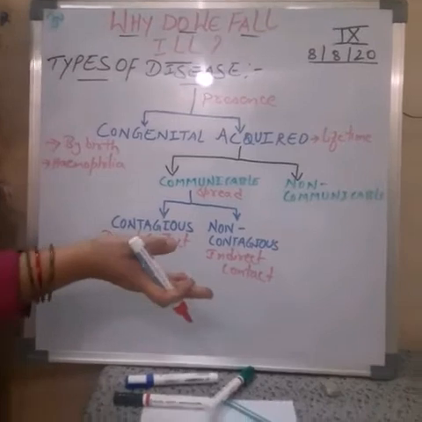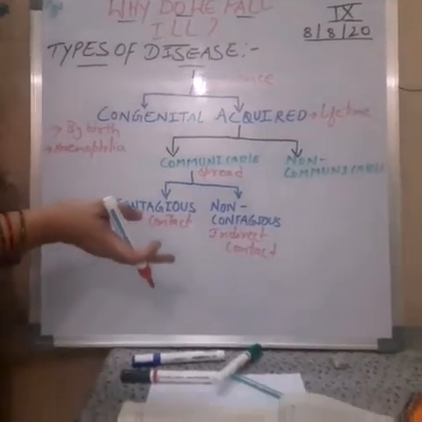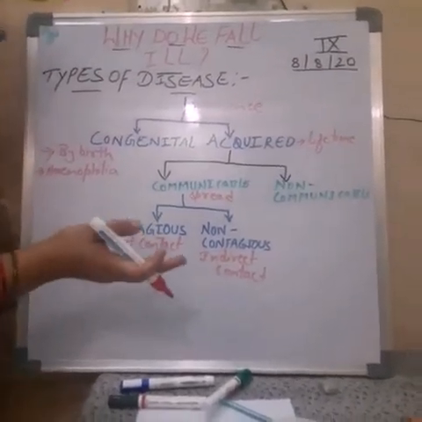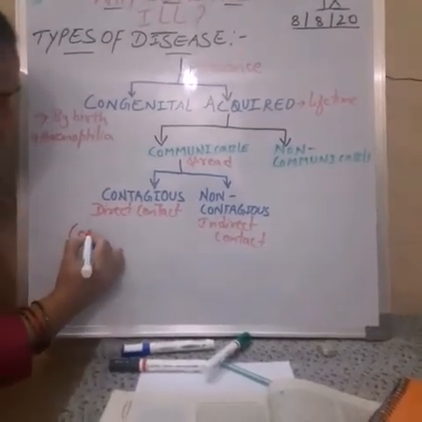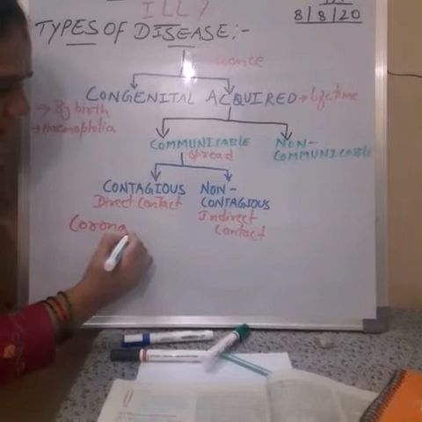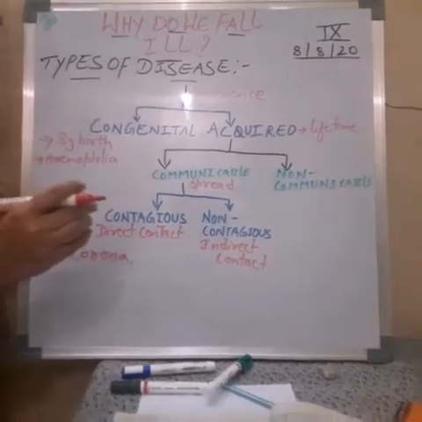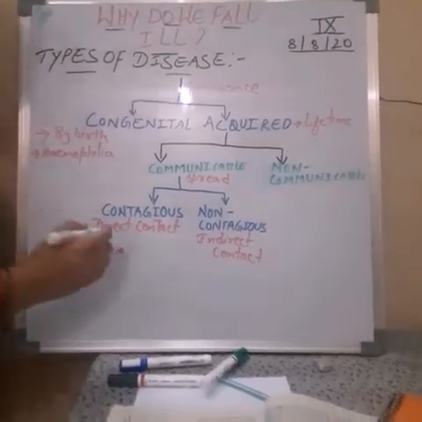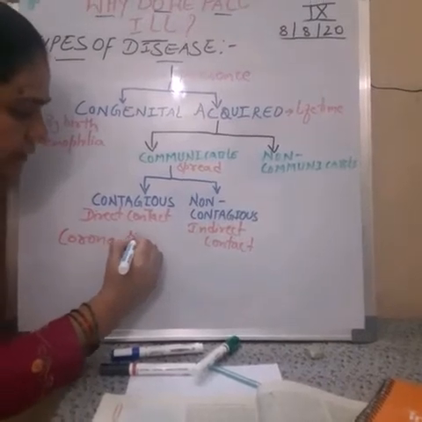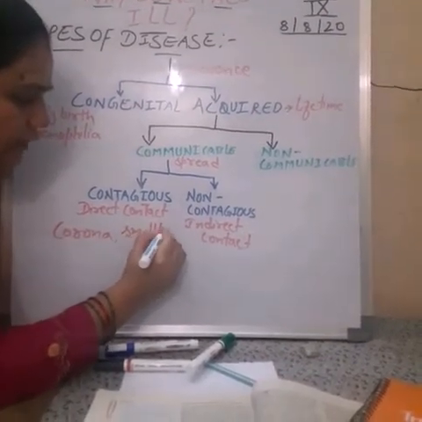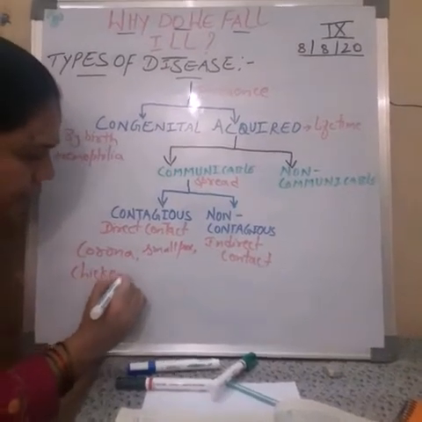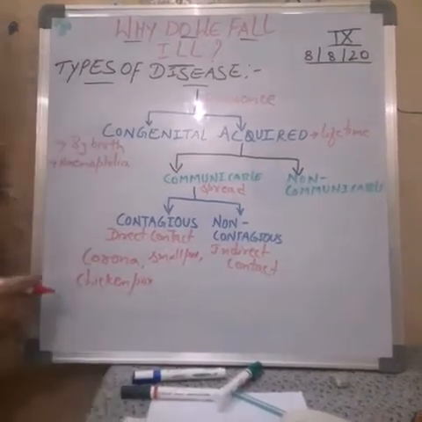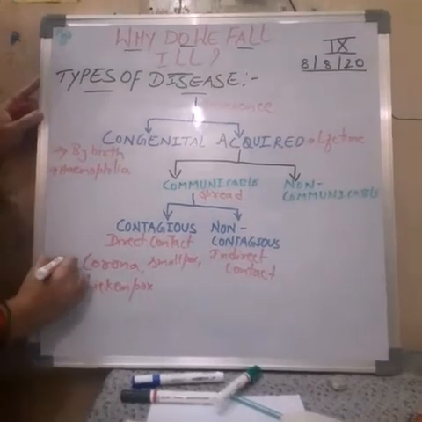Now the recent pandemic situation, due to which we were all confined to our houses, corona is also one good example of direct contact, because that's why we were always told to maintain social distance. Not only this, even smallpox or chickenpox: when you suffer from chickenpox, you are confined to one bed or one room. Why? Because when we touch, we come in contact with these diseases.